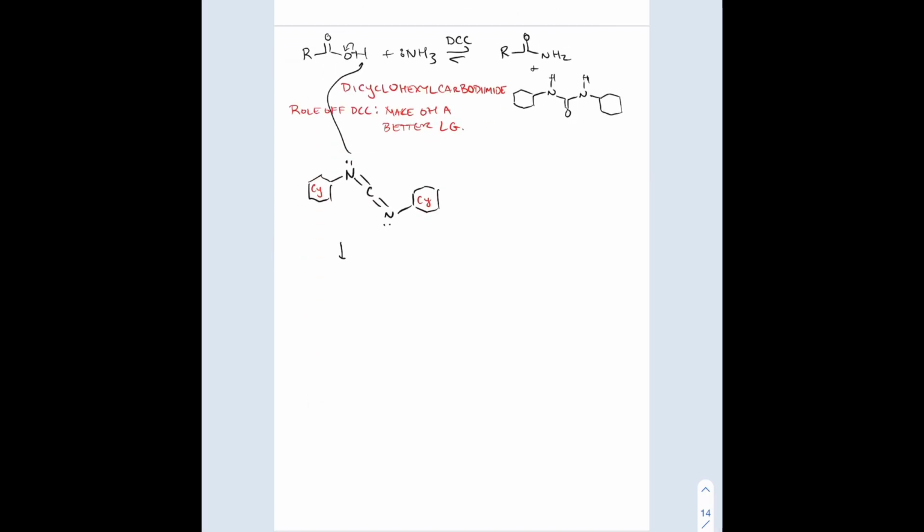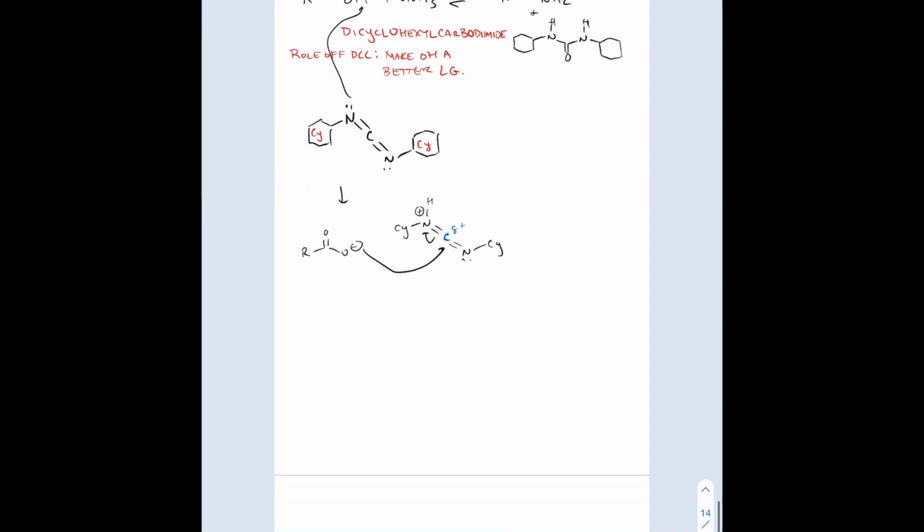We have the 2 dicyclohexyl groups. That nitrogen has a lone pair and is basic, so that removes the acidic proton on the carboxylic acid, forming a carboxylate as well as an aminium type molecule. That carbon drawn in blue is delta positive.